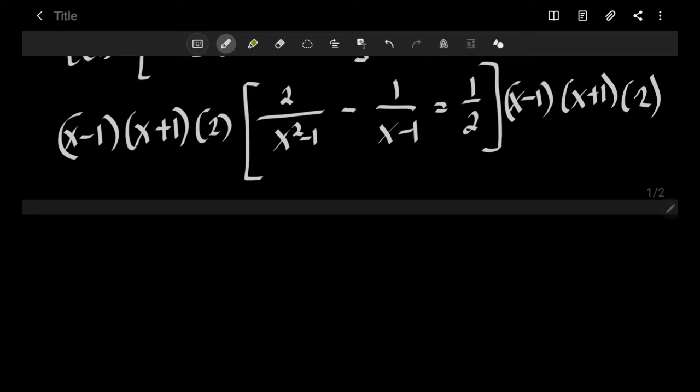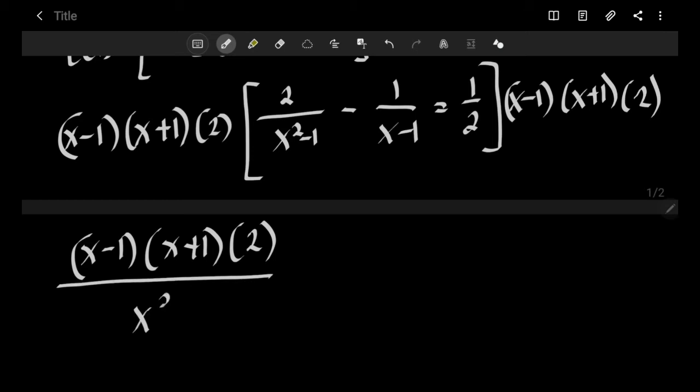So, ganun yung gagawin nating process. So, we will have now x minus 1 multiplied by x plus 1 multiplied by 2 divided by x squared minus 1. So, again, x minus 1 multiplied by x plus 1 multiplied by 2 all over x squared minus 1. So, ano yung ginawa natin dito?